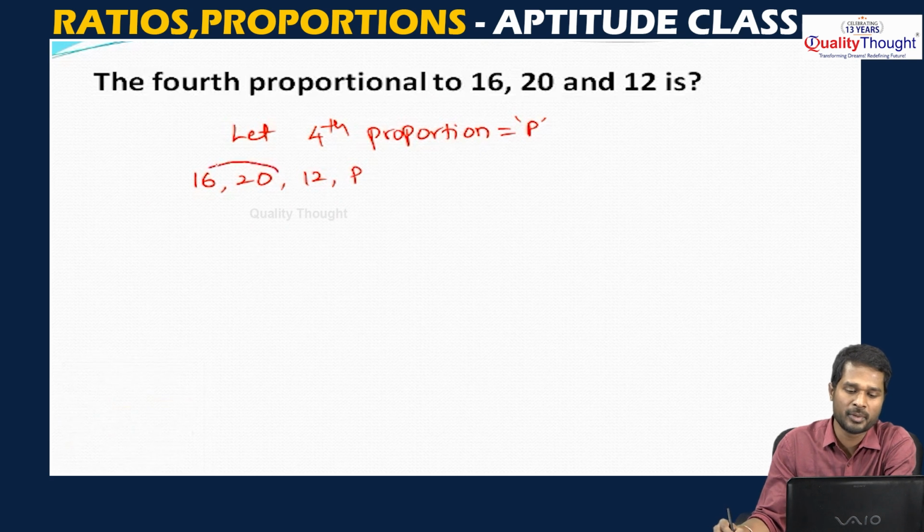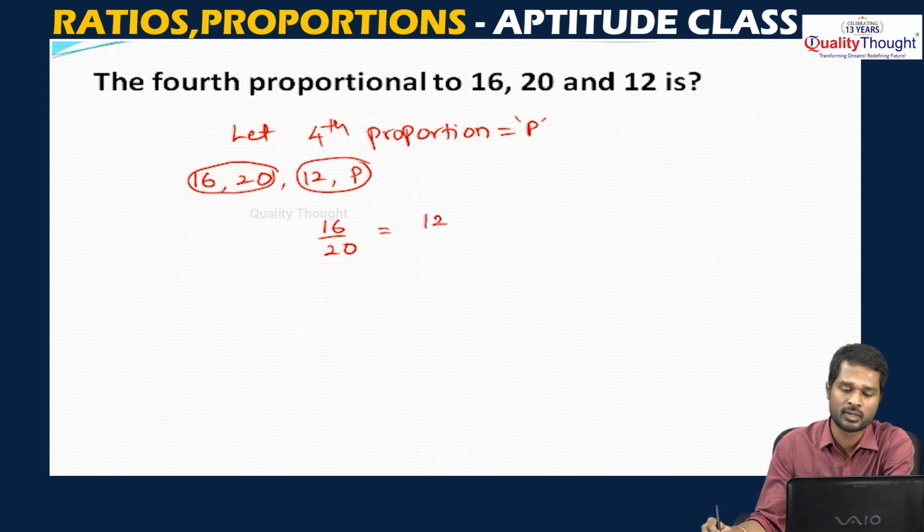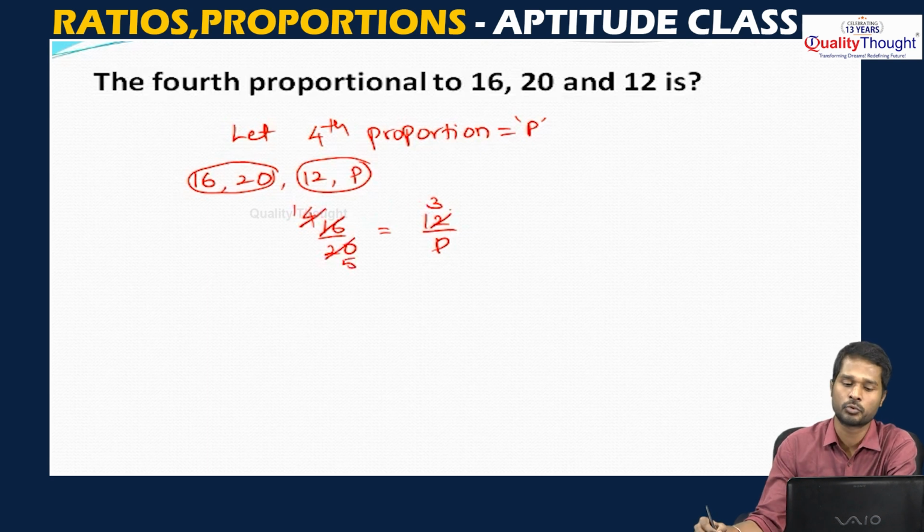These two will form a ratio and these two will form a ratio. So 16 by 20 is 16 is to 20, and 12 is to P is 12 by P. 4 fours are 16, 4 fives are 20, 4 ones are 4, 4 threes are 12.